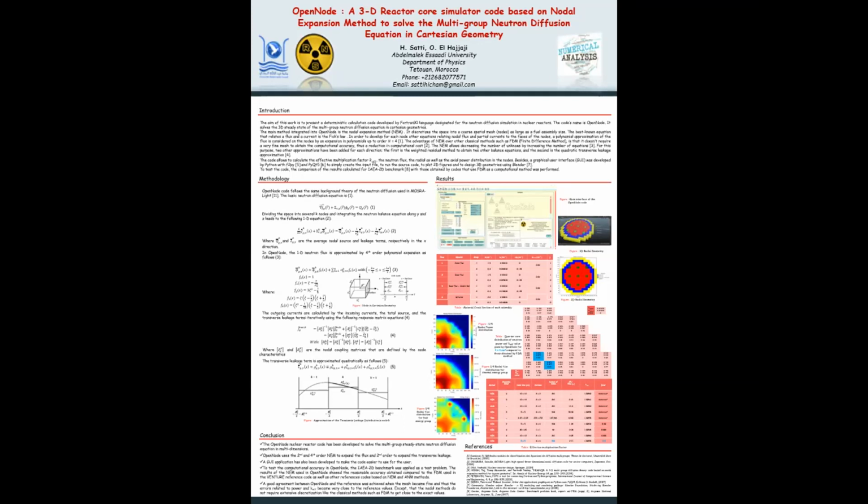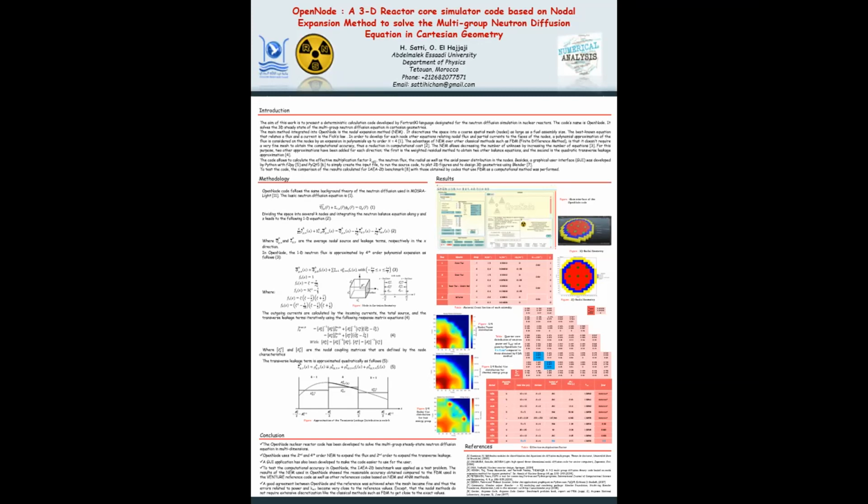The nodal expansion method allows decreasing the number of unknowns by increasing the number of equations. For this purpose, two other approximations have been added for each direction. The first is the weighted residual method to obtain two other balance equations, and the second one is the quadratic transverse leakage approximation.